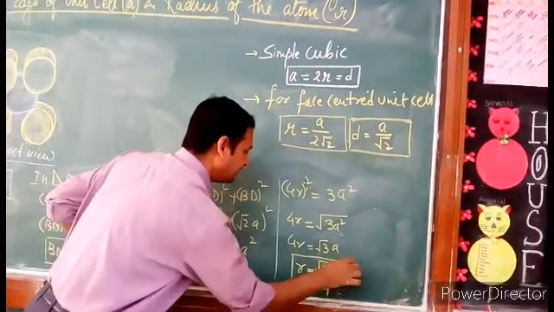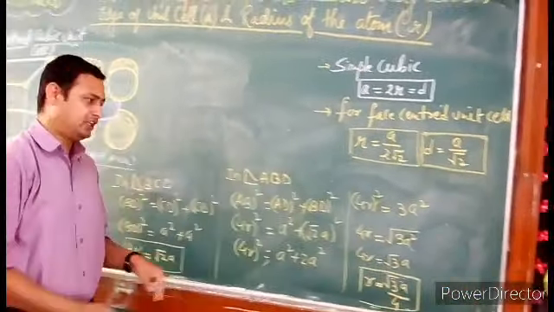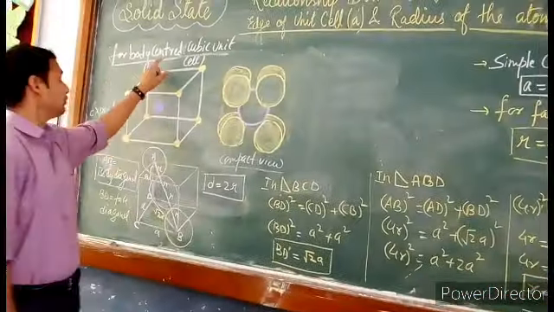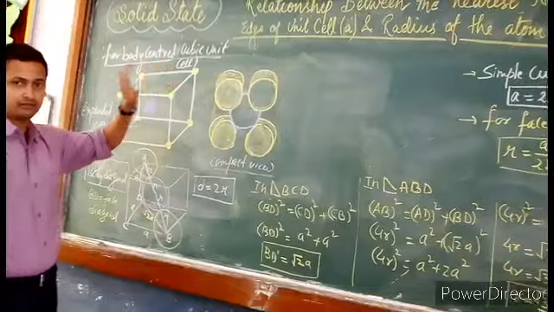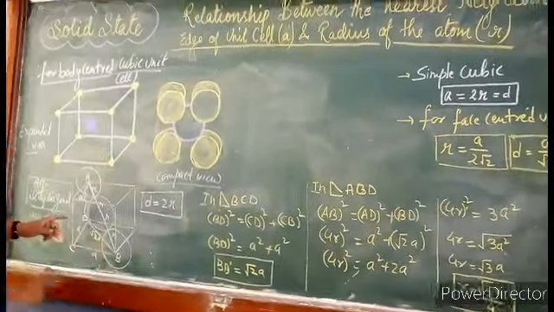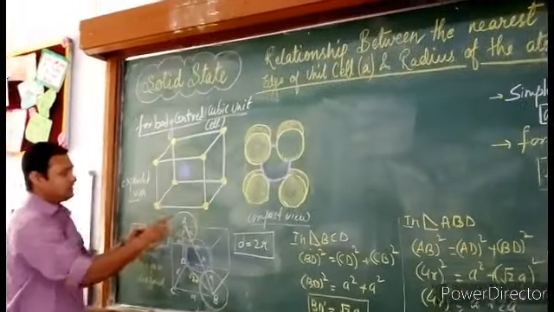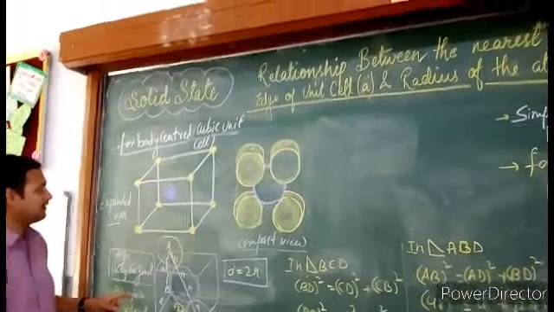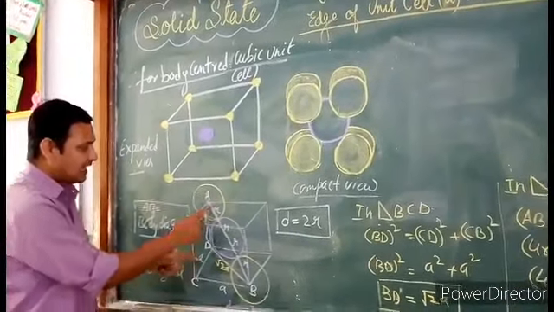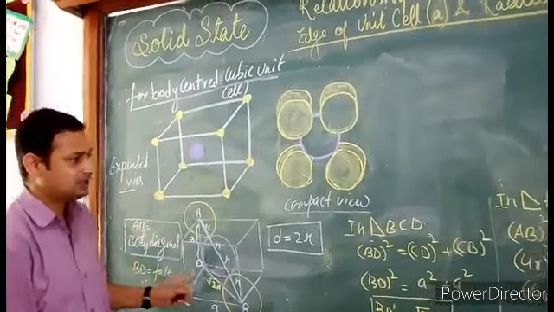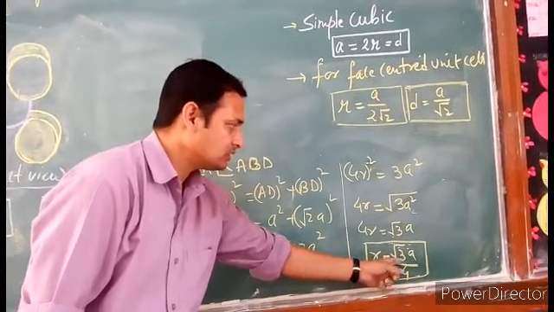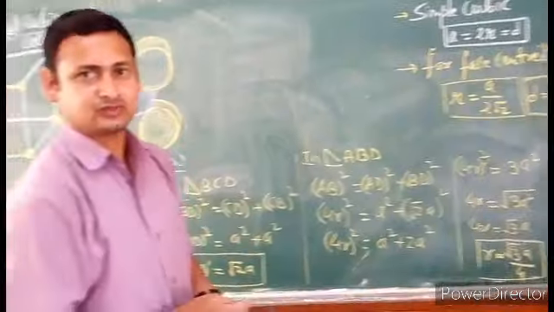So this is the relationship between the radius and the edge length of a body centered cubic unit cell. Once again, look carefully: in the case of a body centered unit cell, we have to find the relationship between the edge length and R, which comes to be R equals root 3 a by 4.